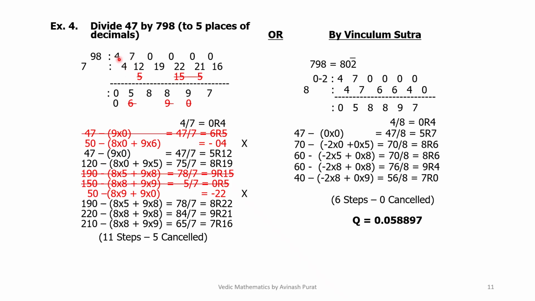Now 4 divided by 7 is 0 and remainder is 4. So 47 minus 9 into 0 equals 0. 47 divided by 7 is 6 and remainder is 5.